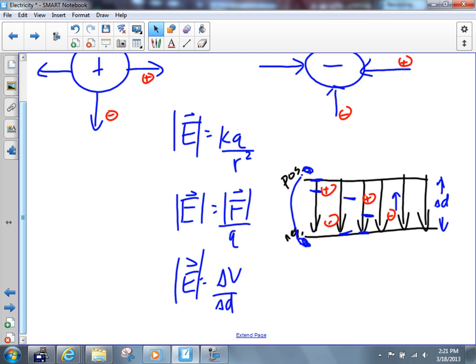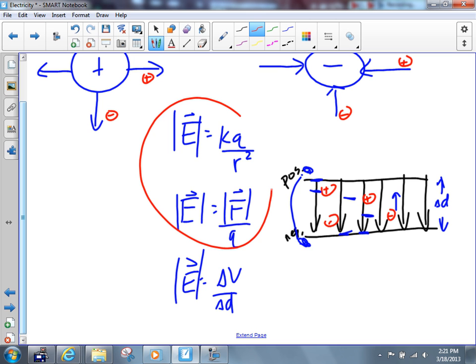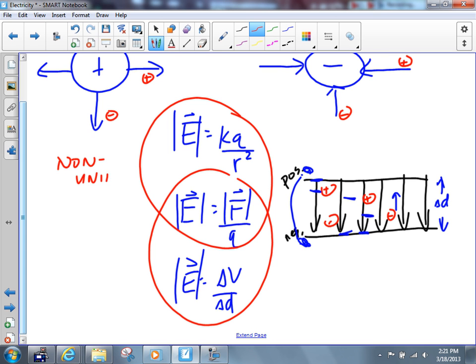Now, I often draw a little Venn diagram within these electric field equations. Those top equations always represent when we have a non-uniform field, and those bottom two equations always represent when we have a uniform field. What's the deal with that middle equation that appears to be in both?